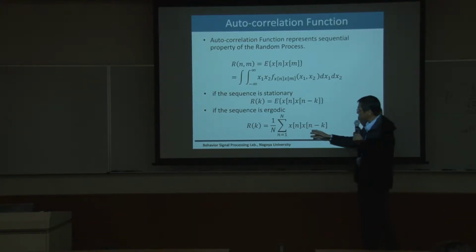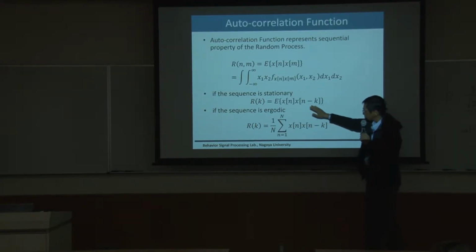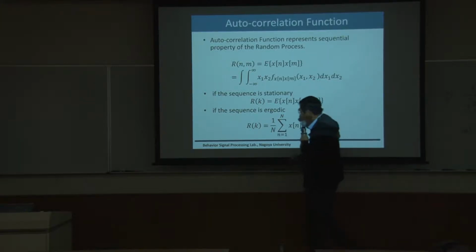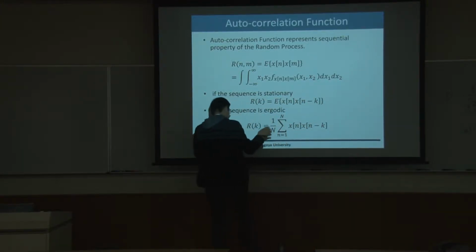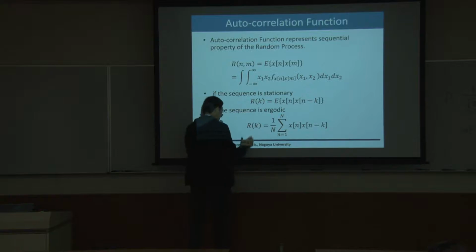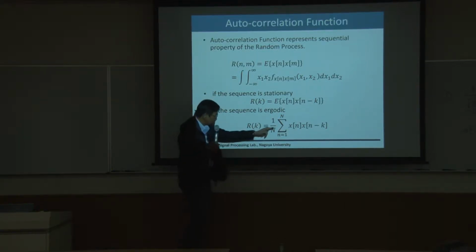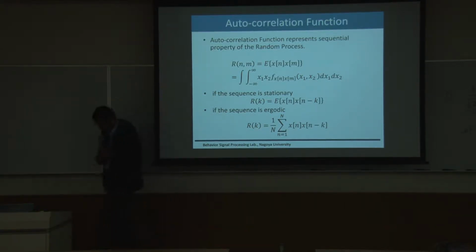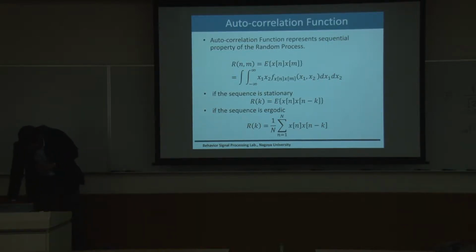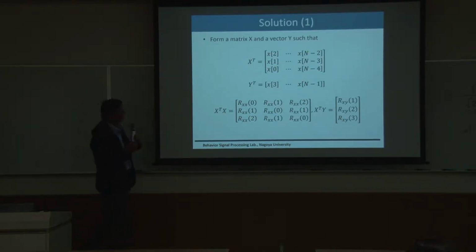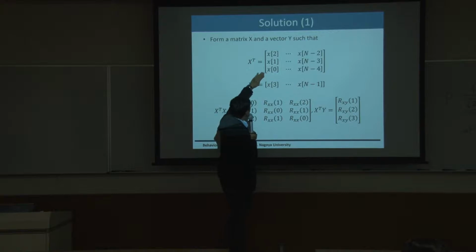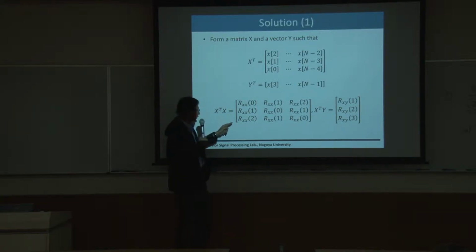Therefore, we can estimate this expectation based on this ensemble mean, and Rk can be calculated by this. So by knowing the definition of Rk, you may agree that the product of X transpose and X can be rewritten in this form.